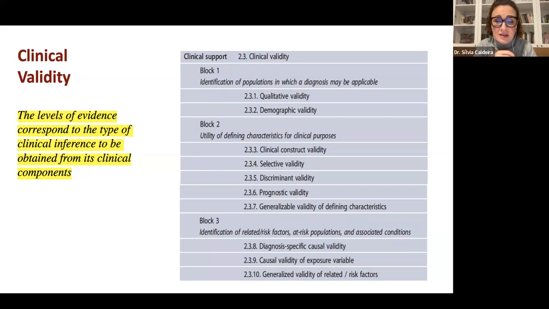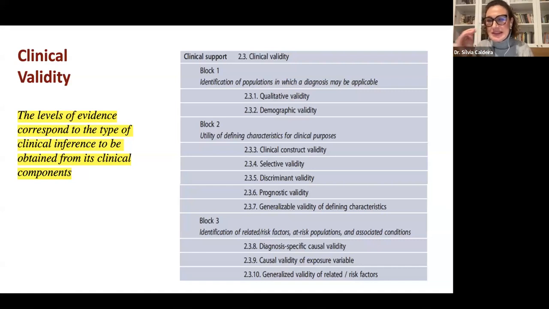So the levels of evidence correspond to the type of clinical inference to be obtained from its clinical components. So here we are moving into the clinical, and this is, I won't say the most important, because all three are very interesting and important.